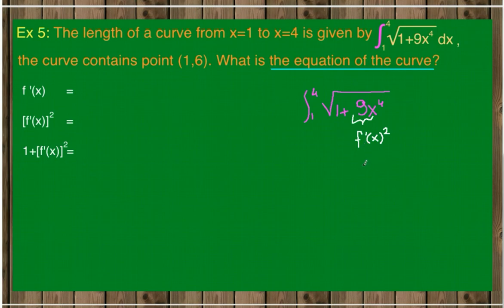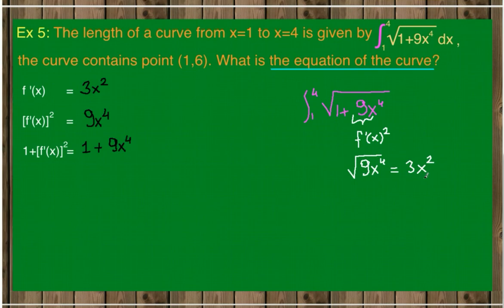So the square root of 9x to the 4th will give us 3x squared. So now we know that our f prime is 3x squared. Because our f prime of x squared was 9x to the 4th. And our 1 plus f prime of x squared was 1 plus 9x to the 4th.